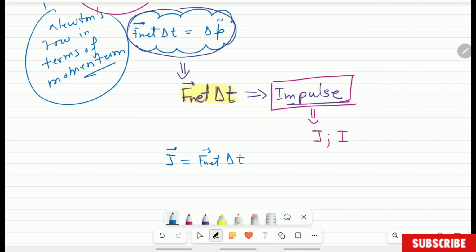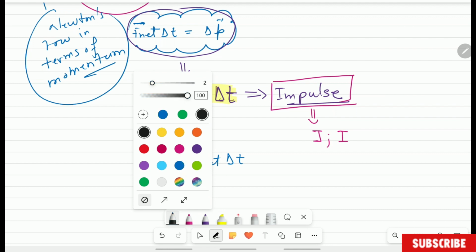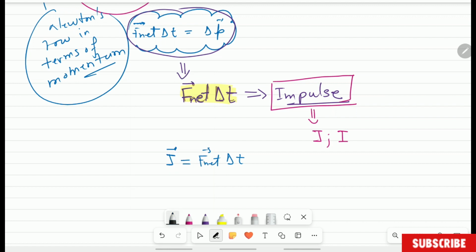Right, so now if we go, let me just quickly change the color here. If we go to the unit, what is the unit of impulse? You can see force. Do you remember the unit for force? Which one is? Newton. Newton is multiplying, is the product, isn't it? By time. What is the unit of time?